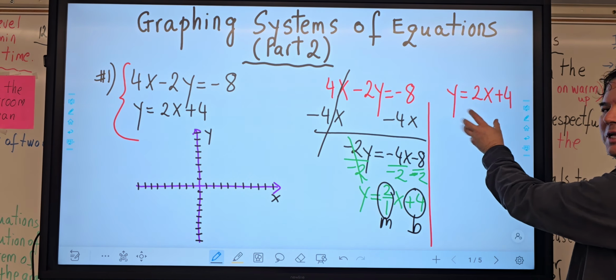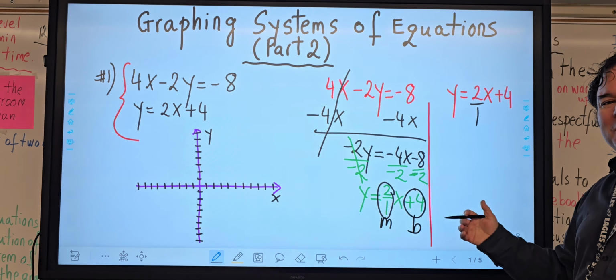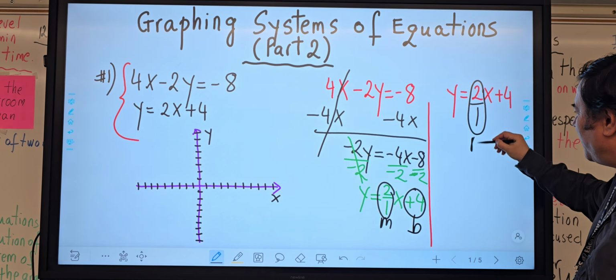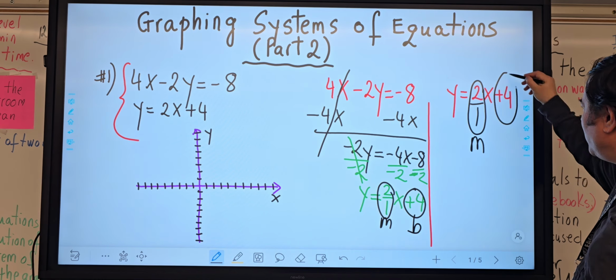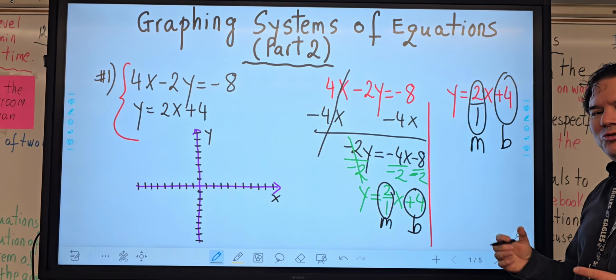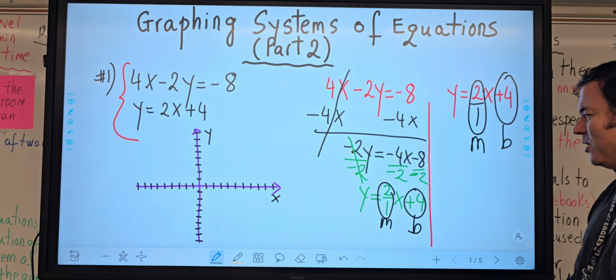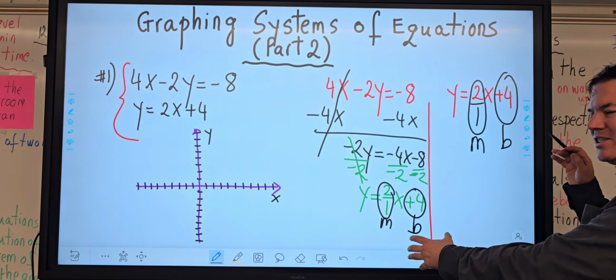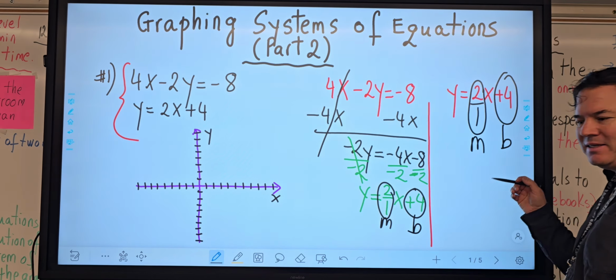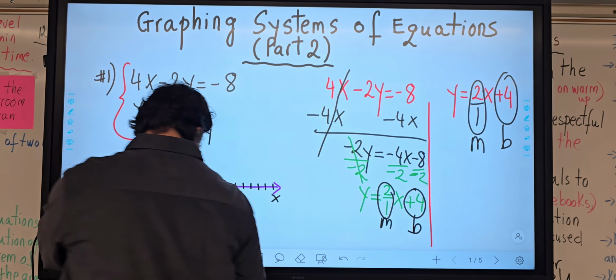But remember, we have to put a 1 under the 2 because we need to get that slope. 2 over 1 is our slope, our m, and positive 4 is our b. And something interesting is happening. We see that both equations have the same m and the same b. Let's graph them and see what we get.